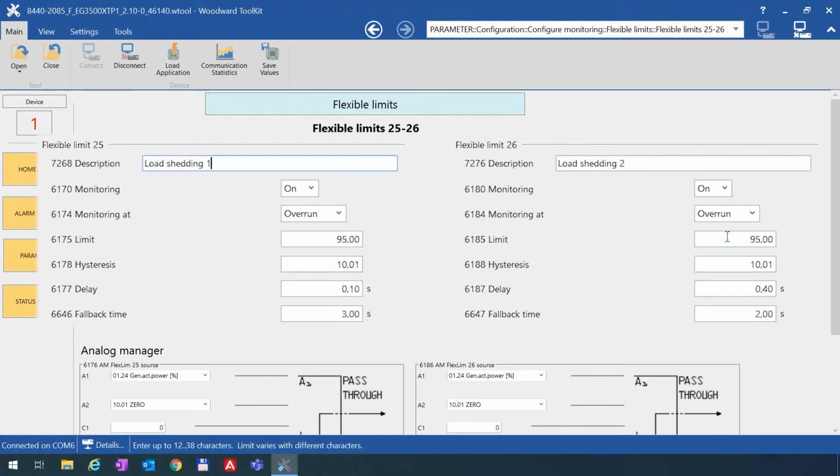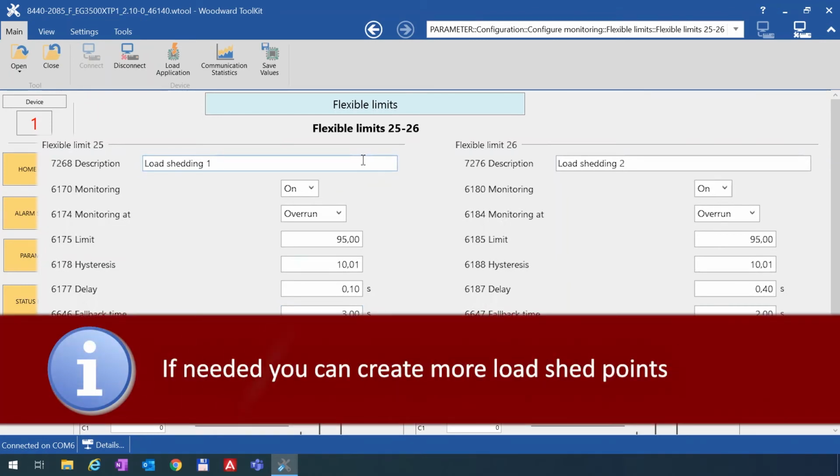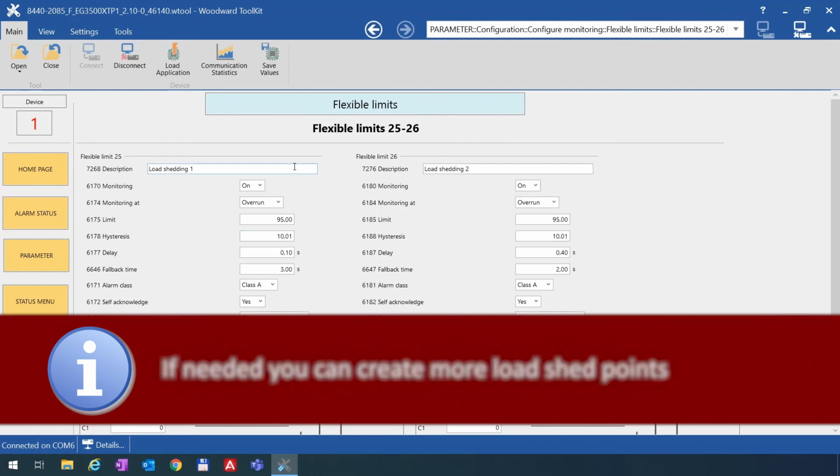If the load is still over 95% for 0.4 seconds, the second load shed point will be activated. If load decreases by 10%, from 94 to 84%, this is 11% of the threshold and higher than the hysteresis. The fallback timers are starting. After 2 seconds, field 2 will be connected and after 3 seconds, field 1 will be connected.